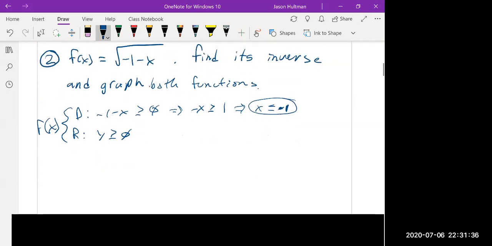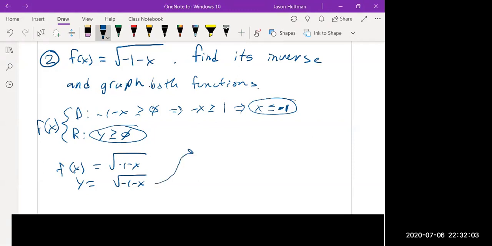What about the inverse function here? The inverse function we're gonna solve by doing the same trick that we did before. We're gonna say this is y equals the square root of -1 minus x, and then we're gonna swap x and y. So we've got x is equal to the square root of -1 minus y.